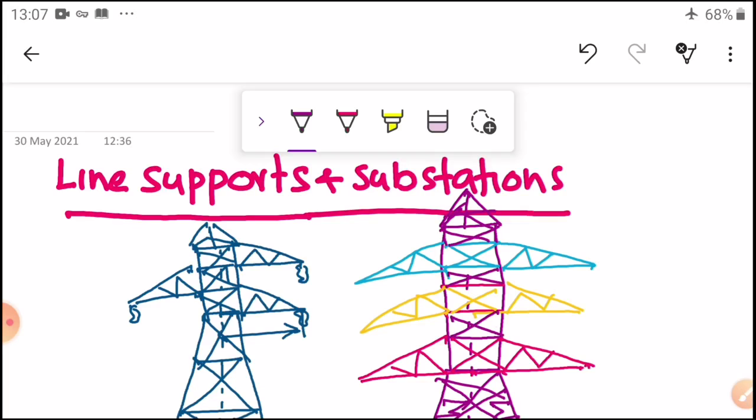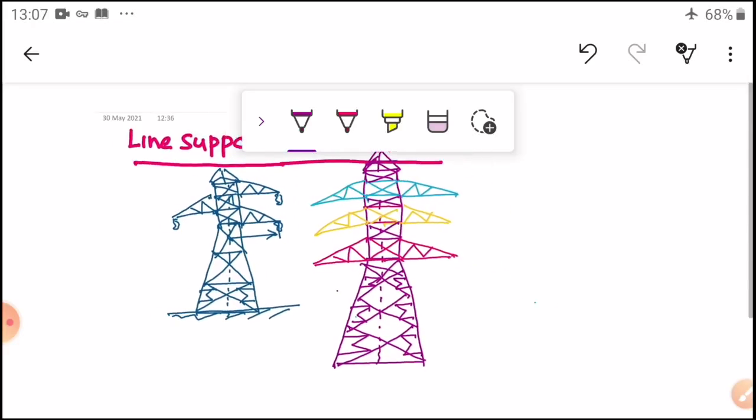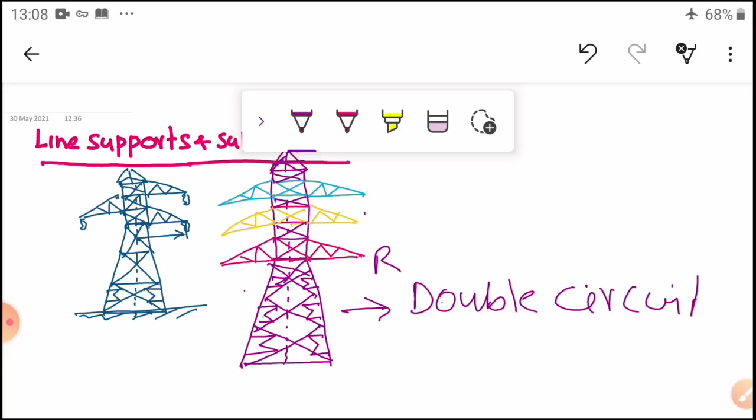Okay, so this is one tower, you can see, dear students. This is a double structure, double circuit, because R face, Y face, B face is one circuit, here is another circuit, whereas in this case it is a single circuit.